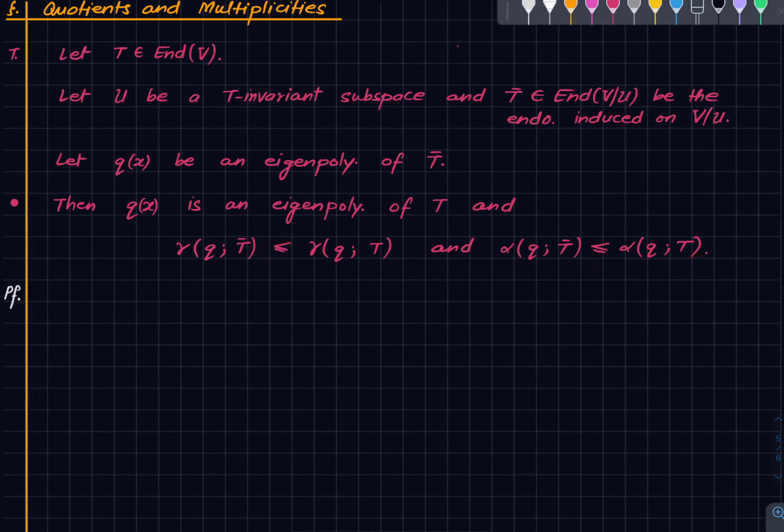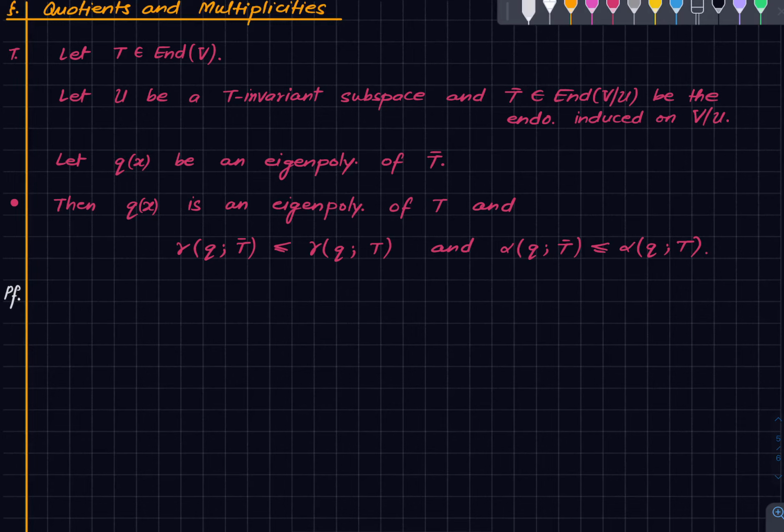Okay. So first of all, why is it true that if Q(x) is an eigenpolynomial of T bar, then it is also an eigenpolynomial of T? Here is a fact which we should have recalled in the beginning, but anyway, let me state it now.